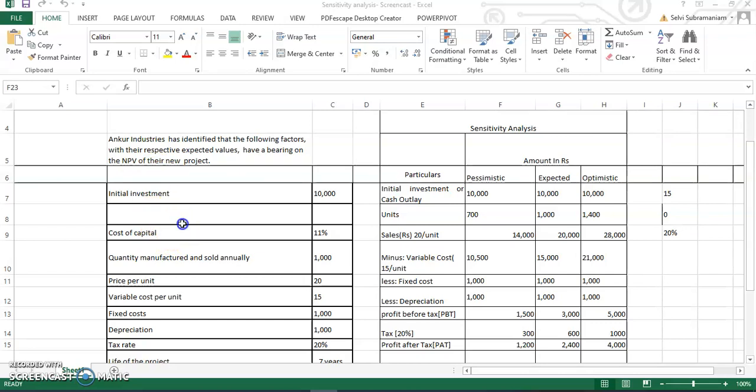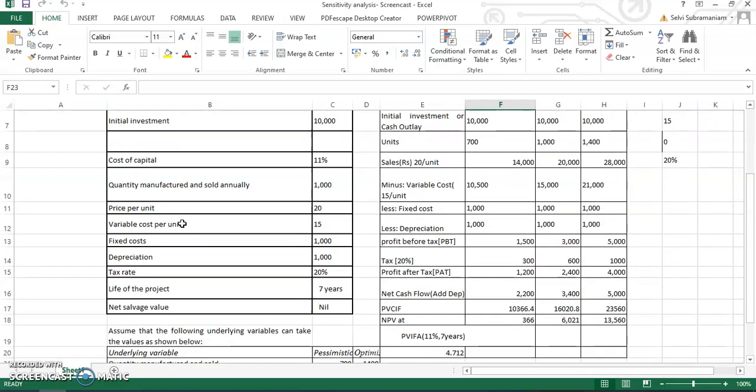They've given us the initial investment, then the cost of capital, which is otherwise the discount factor. Quantity manufactured and sold is also given to us. Price per unit, variable cost per unit, fixed costs, depreciation, tax rate, life of the project, which is 7 years, and net salvage value are given to us.